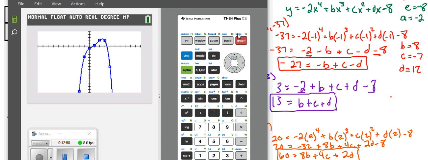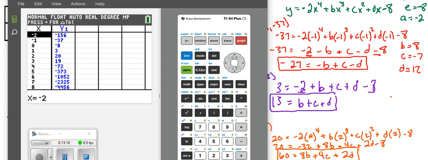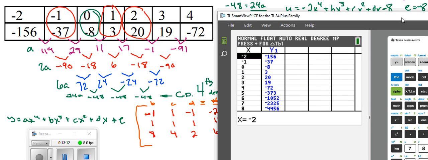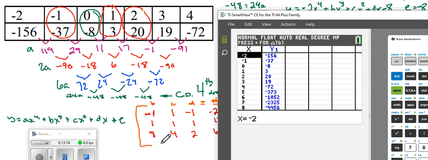Whew. That's nice. Okay, beautiful. It's a quartic function with a negative leading coefficient. The y-intercept is -8. And if you go to the table, you'll see that that table lines up with that. And with that, we conclude number 9.